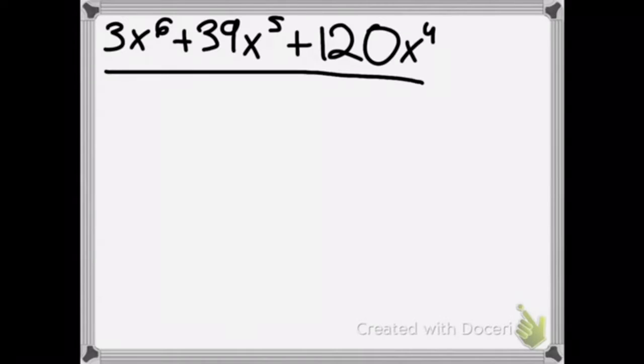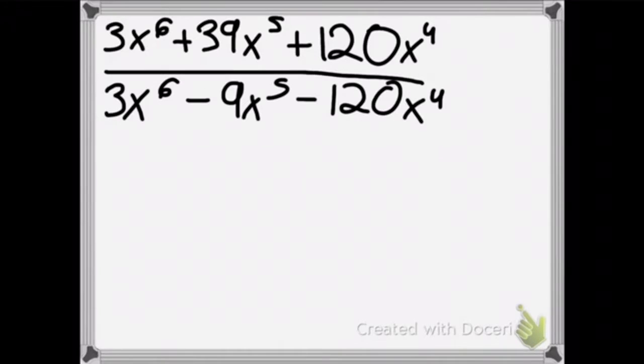It is my turn to explain. So we have this expression that is 3x elevated to the 6th power plus 39x elevated to the 5th power plus 120x elevated to the 4th power, divided by 3x elevated to the 6th power minus 9x elevated to the 5th power minus 120x elevated to the 4th power.